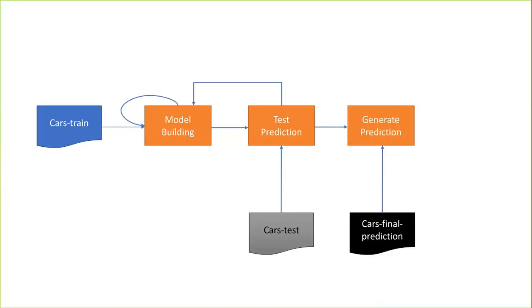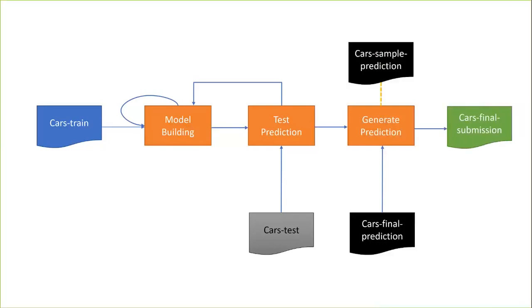Once you've gone through that, your next step is to take the final prediction data set. This is a data set that has not been seen by your model, either during the model building phase or the testing phase. It also does not have any labels, meaning the target or response variable is not there. You would use this to generate the predictions, and based on the sample prediction file provided for reference, you would create your final submission.